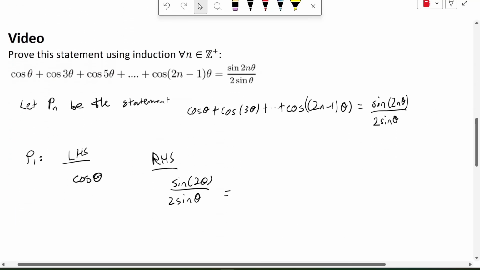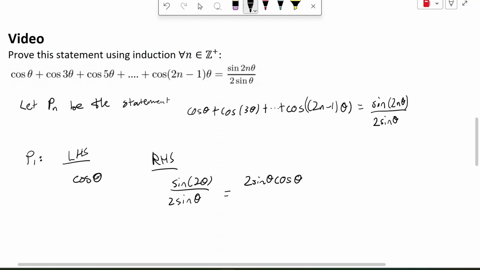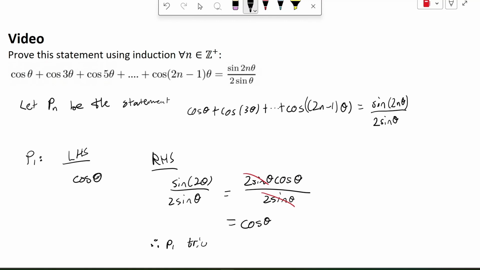There we go. So that is 2 sine of theta cos of theta, and then that's 2 sine of theta. The 2 sine thetas conveniently cancel right off, and we're left with cos theta, which is what we wanted, and therefore we can say that P1 is true.